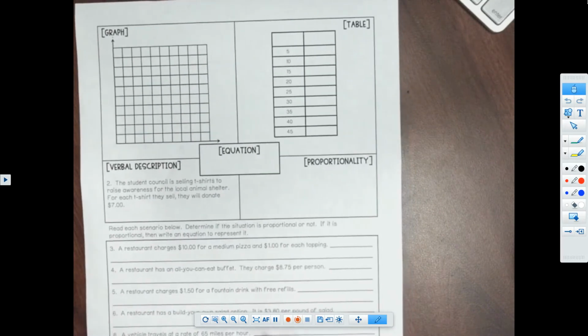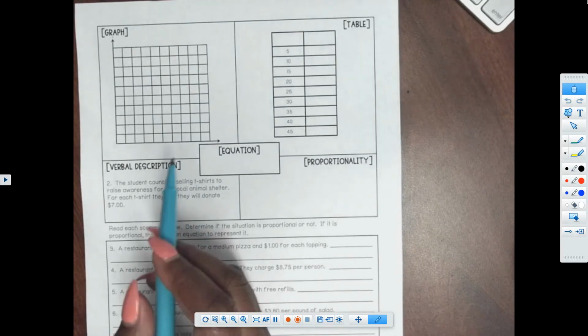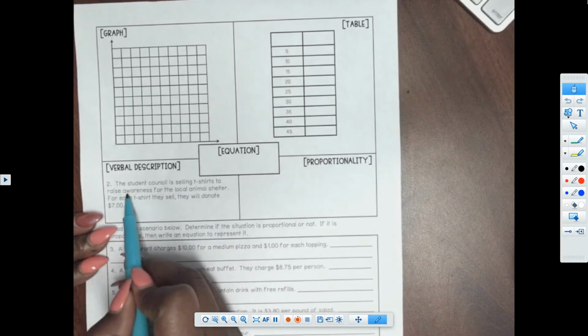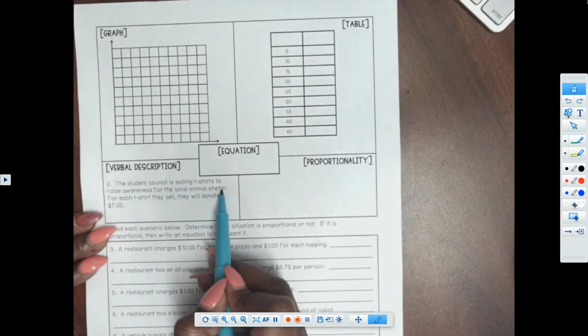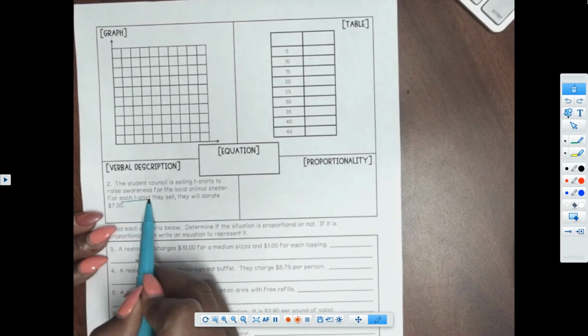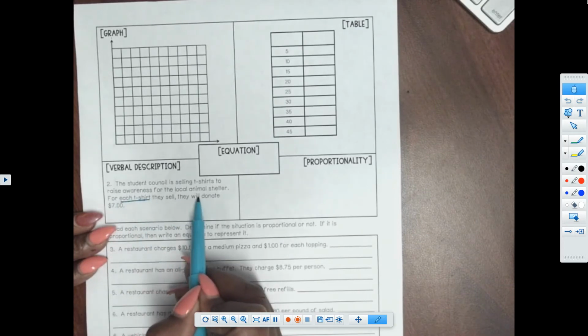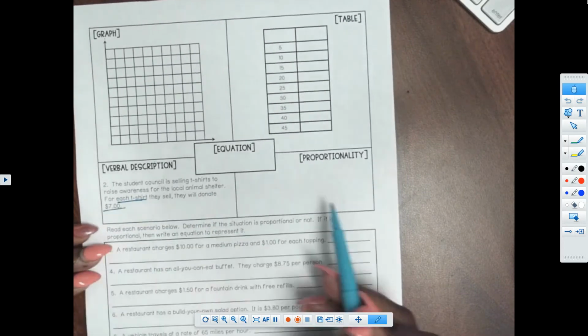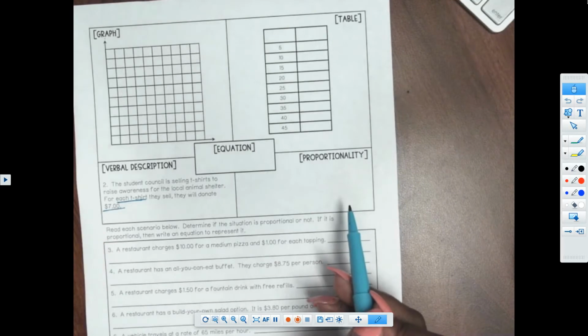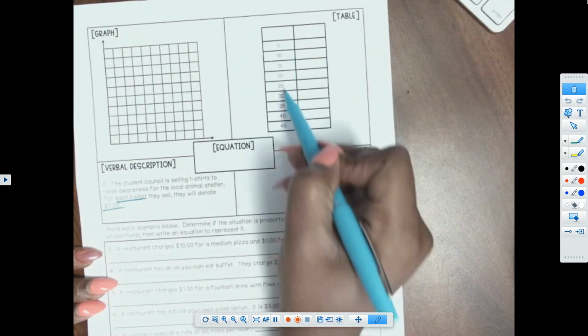Okay, so this time they give me a verbal description and they ask me to create a graph and a table. It says the student council is selling t-shirts to raise awareness for the local animal shelter. For each t-shirt they sell, they donate $7. So here it's asking me to figure out how much I will get, given this information of increments.